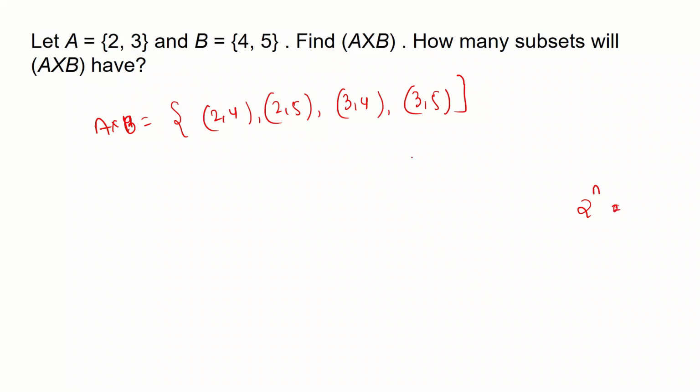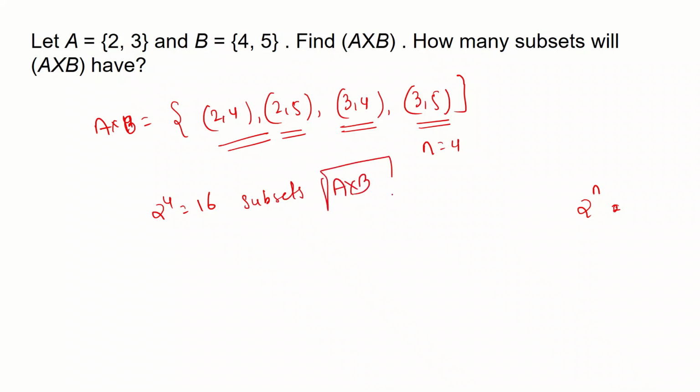Here n is equal to 4 because there are 4 elements in this set. Remember that each ordered pair is an element of the set, so there are actually 4 elements. So we can form 2 to the power of 4, which is 16 subsets from this Cartesian product A cross B.